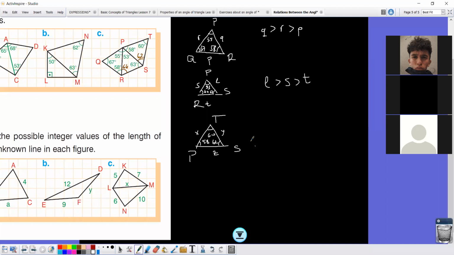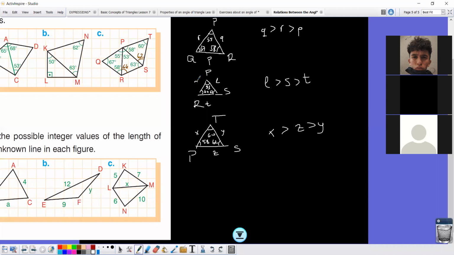It will be X greater than Z, Z greater than Y. Now, according to this, as you can see, we don't have any connection with each other. Q greater than R. Only this one is Q. Also here, this one will be Q. Can you see? This is Q. And opposite of S will be Q. So also this one is Q.